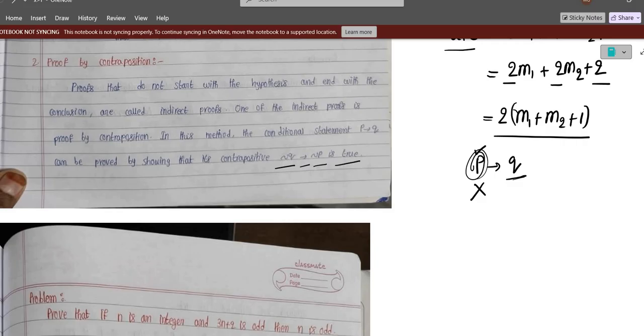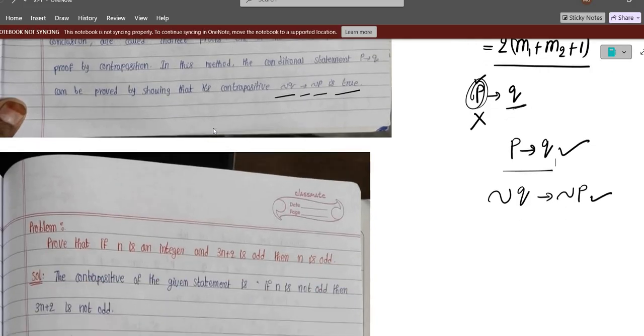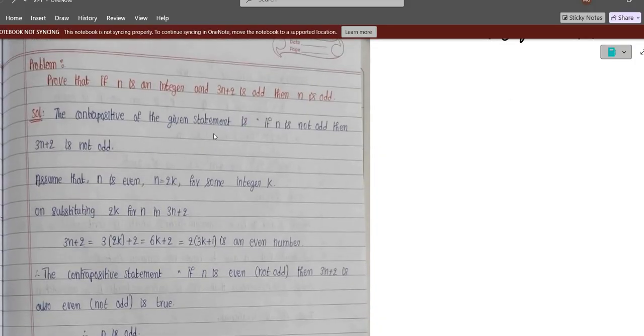If we observe, actually we want to prove P implies Q is true. But instead of proving this, we are going to prove negation of Q implies negation of P is true. Whenever this is true, automatically this one is true. So based on this concept, we are going to solve one problem now.